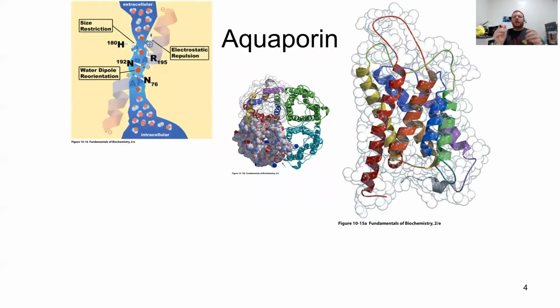Okay, now to dissect an aquaporin a little bit more specifically, first of all, it's a helical protein. I'd like to draw your attention over here. We've got a bunch of alpha helices over here. And then I'd like to jump over to the left-hand side of the slide, and what we have here is an alpha helix moving from one end of this slide, the top half, to the bottom half.